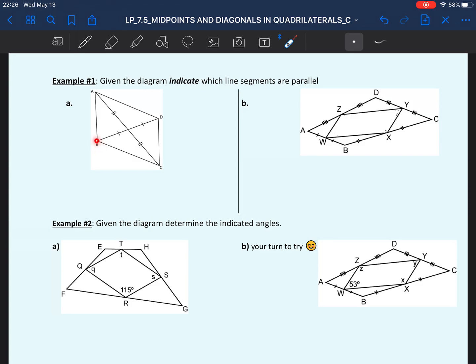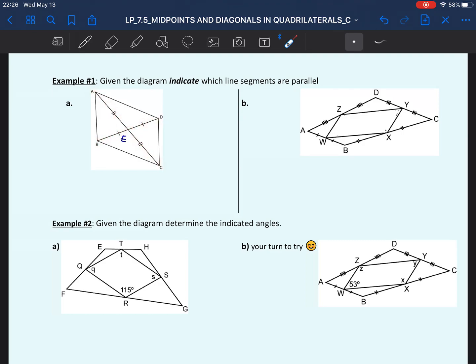When I look at the first diagram, I see that we have a quadrilateral A, B, C, D, where the diagonals AC and BD have been drawn. Further to this, we see that diagonals intersect at a common point, which I will call point E. According to the diagram, segment BE equals ED and segment AE equals EC.